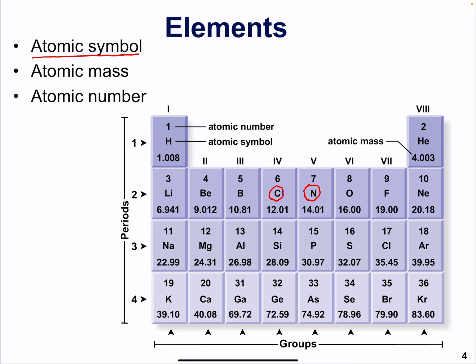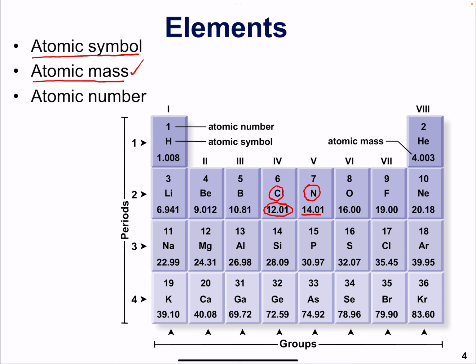Every element also has what we call an atomic mass. That atomic mass on this table is at the very bottom, right here. For carbon, for instance, the atomic mass is 12. For nitrogen, the atomic mass is 14.